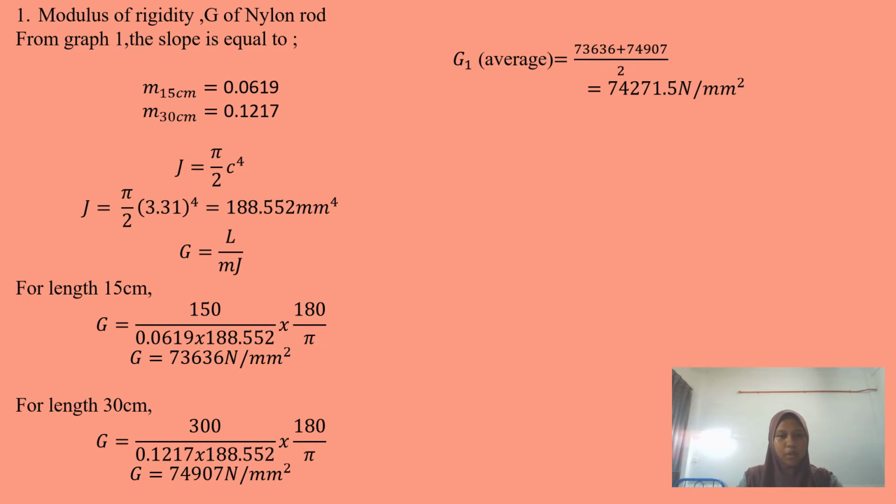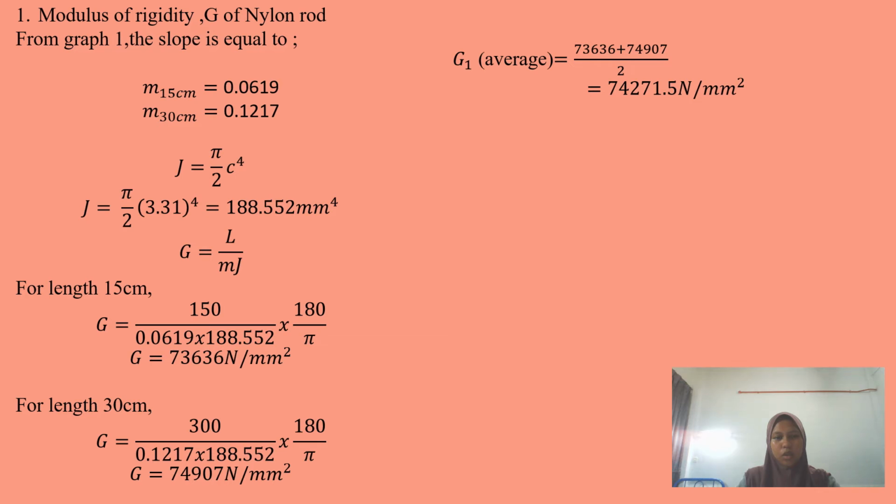From that, we calculate the modulus of rigidity for the nylon rod by using the formula that I have mentioned before. For the length 50 centimeter, we get a modulus of rigidity equal to 73,636, and for the length 30 centimeter, we get 74,907.